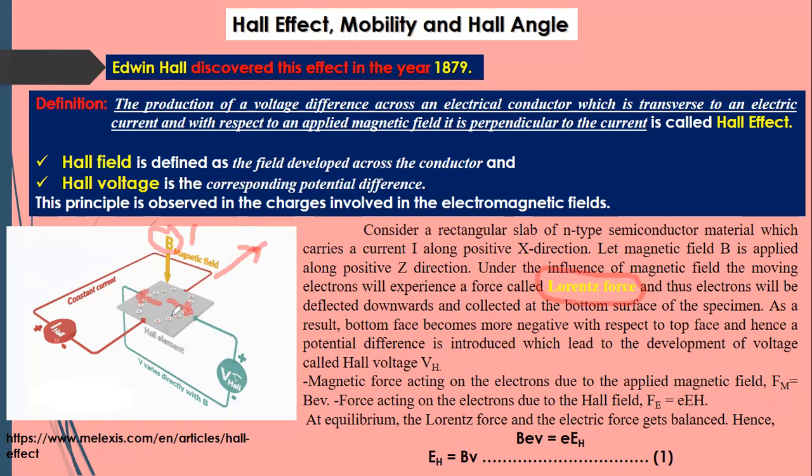However, simultaneously the excess of electrons accumulate on the front face of the slab, and simultaneously an equal number of positive charges appear.